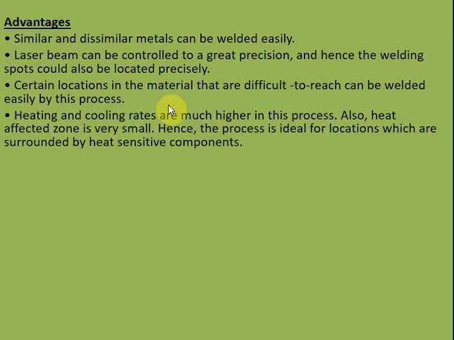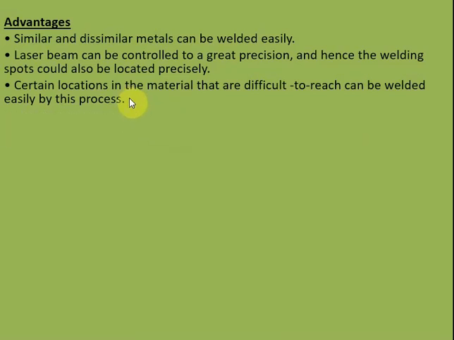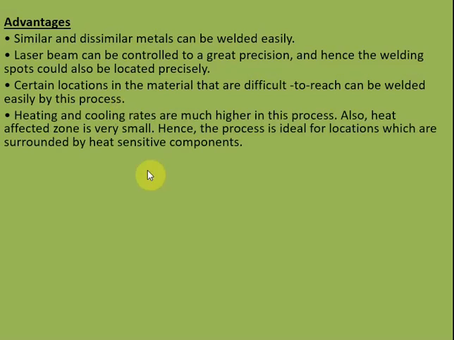If you use some reflecting material, we can deviate the direction. That's why the interior part also can be welded using the laser welding process. Heating and cooling rates are much higher in this process. Also, the heat affected zone is very small, hence the process is ideal for locations which are surrounded by heat sensitive components. A clean weld joint can be obtained by this process.